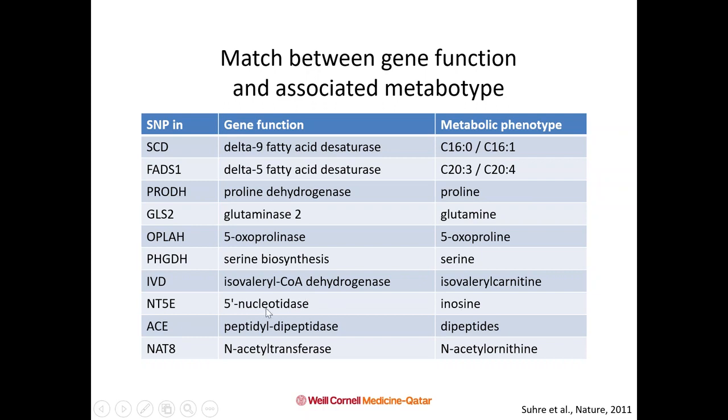You find the 5' nucleotidase with inosines. And then there's even a little bit of proteomics here, because we find dipeptides with peptidyl dipeptidase, the ACE enzyme. I come back to that also in a moment. Or acetyltransferases with acetyl amino acids.